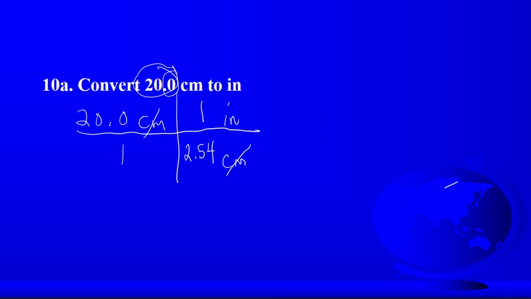So, since in this question you have one decimal place, make sure that when you get a final answer, it's in one decimal place as well. Kanan, 20 divided by 2.54.